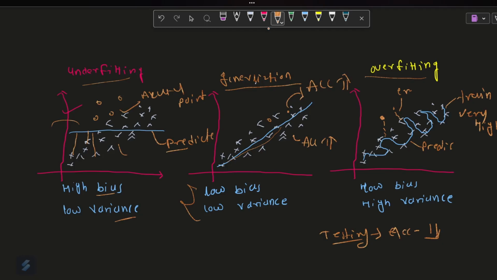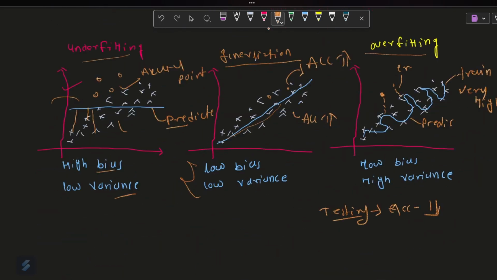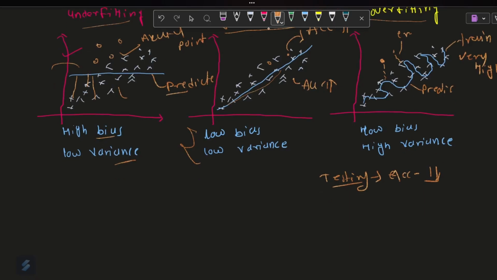I hope this is clear for overfitting and underfitting, and we will next understand how to minimize overfitting by regularization.